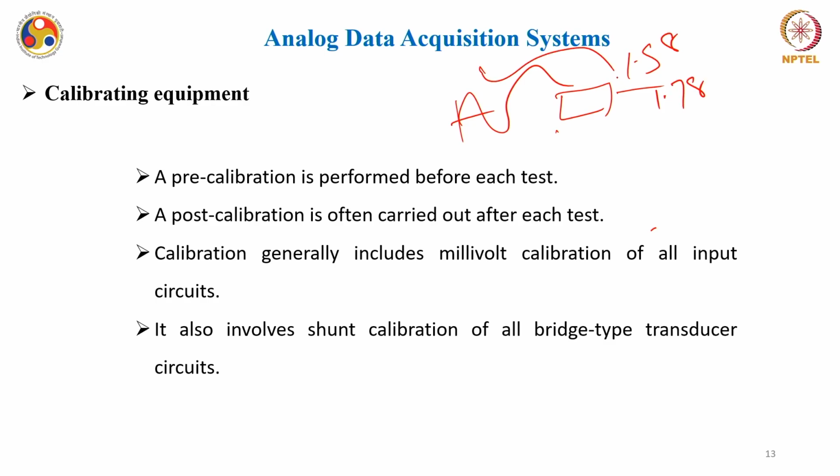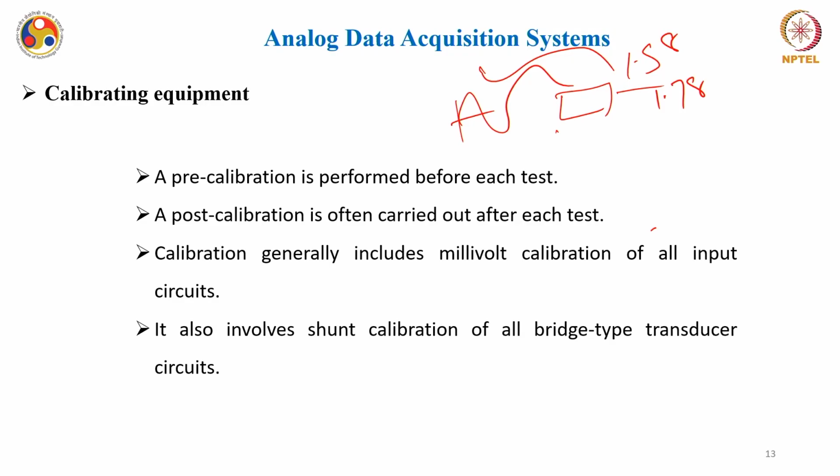Now, this analog data acquisition system is equipped with calibration equipment to check if the measurement is actually 1.58 volt or not. Now, if there is a deviation found in the pre-calibration, say it is showing 1.8 volt in place of 1.58 volt, it is calibrated to 1.58 volt.